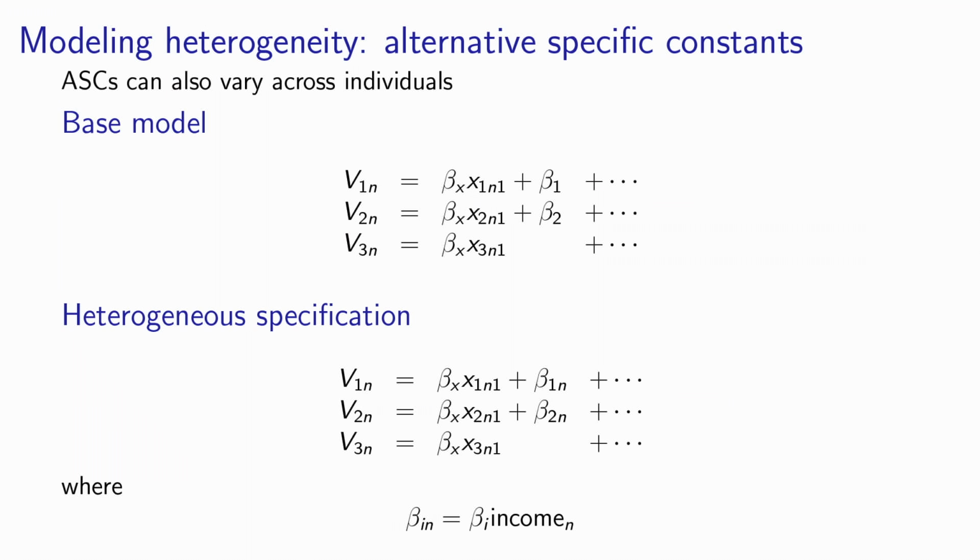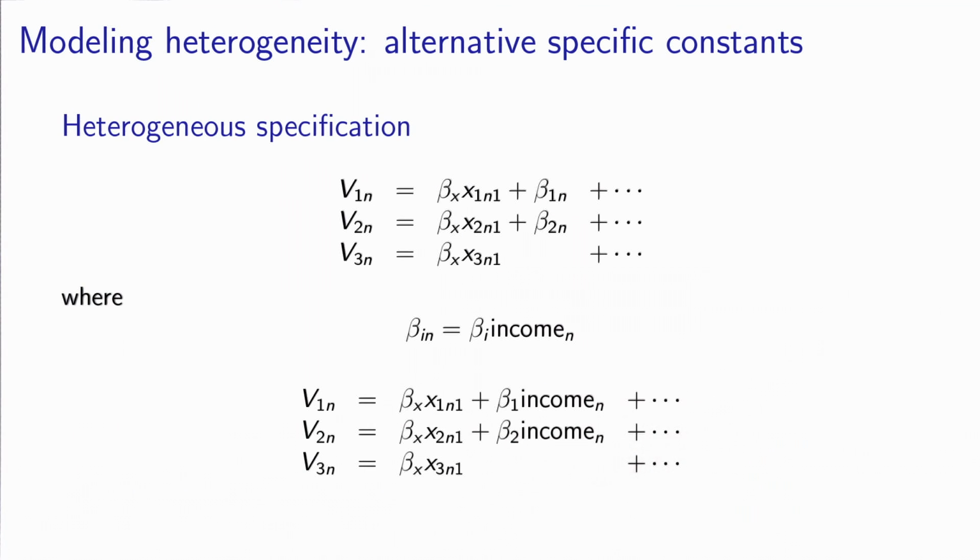So I denote them by beta 1n and beta 2n. And like we did before, I can be more specific about the definition of beta 1n. I can say it's the product between a coefficient beta I and the income of individual n. In this case, we obtain this specification. We obtain the fact that beta 1 income and beta 2 income appears in the utility function.